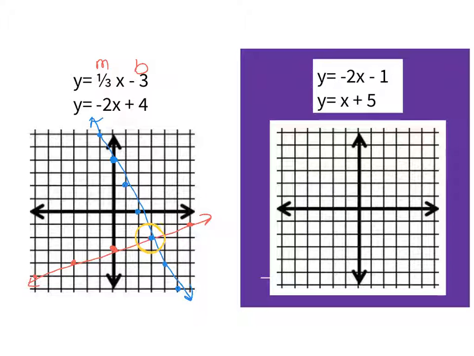And I know that this is where they touch, so that's going to be the solution. So the solution is (3, negative 2). So my x would equal 3, and my y would equal negative 2.